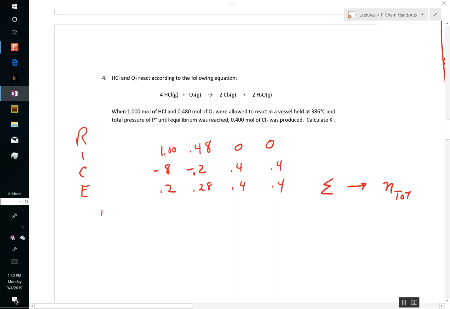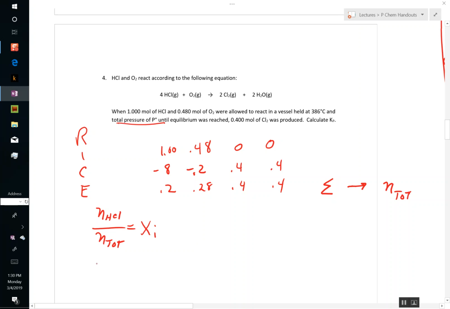Then divide the moles of HCl by the total moles, which gives you what? Mole fraction. So the total pressure is just going to be 1 atm? Right.